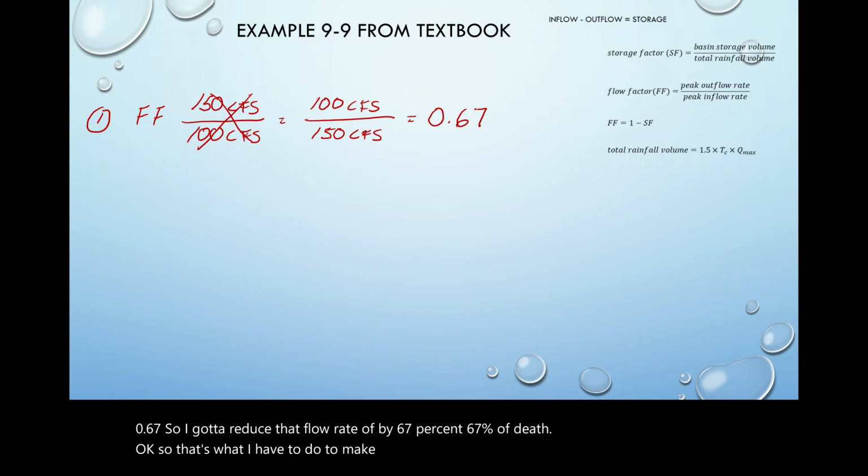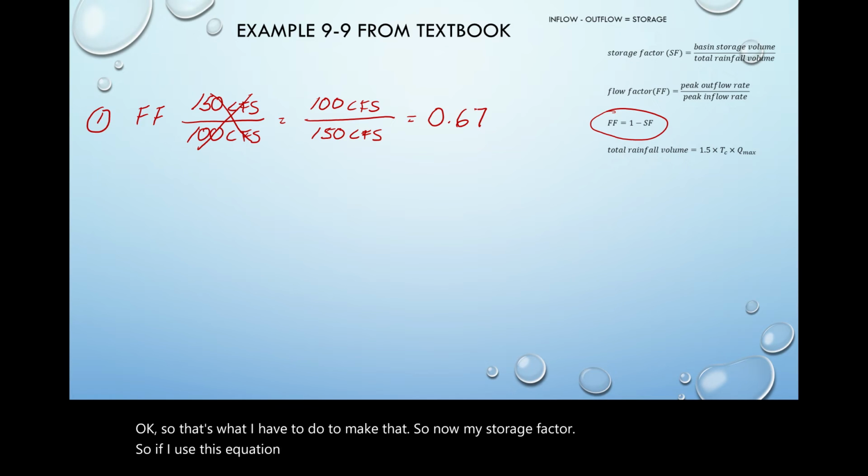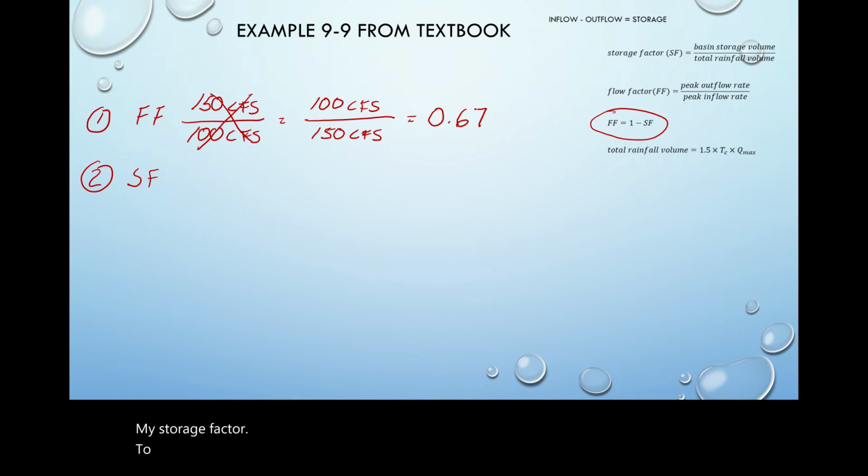Okay, so now my storage factor. If I use this equation and rearrange that, my storage factor to reduce my flow rate from 150 to 100 cubic feet per second, the difference between the two, is 0.33.